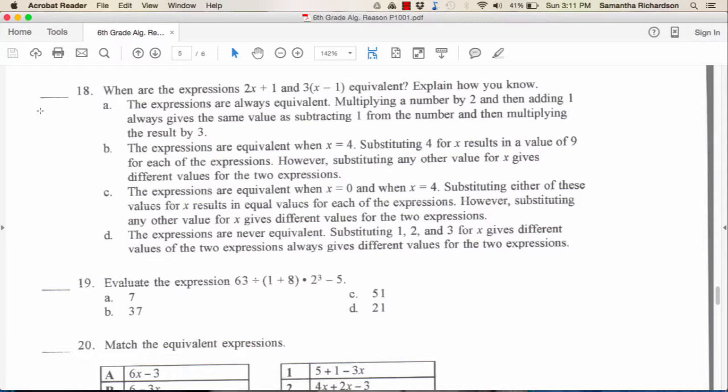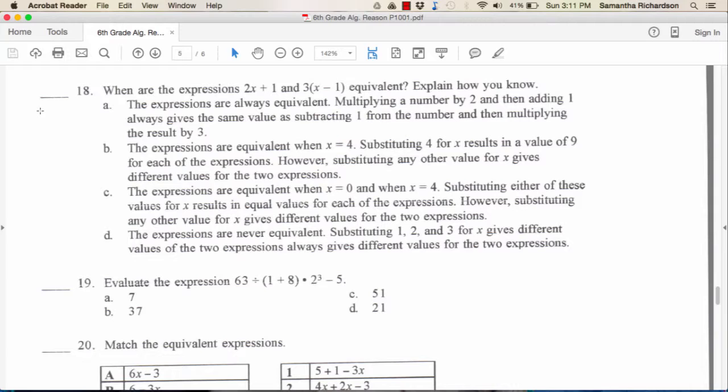B. The expressions are equivalent when x equals 4. Substituting 4 for x results in a value of 9 for each of the expressions. However, substituting any other value for x gives different values for the 2 expressions. C. The expressions are equivalent when x equals 0 and when x equals 4.